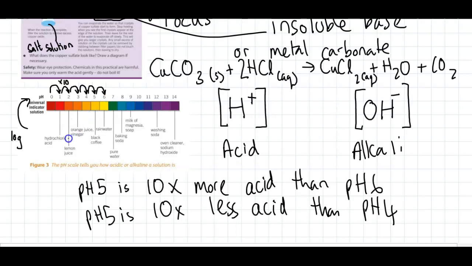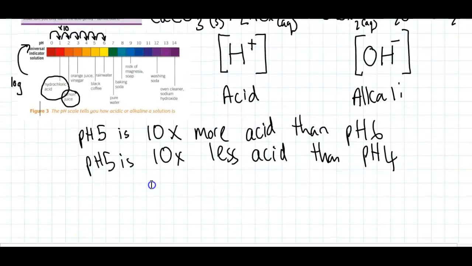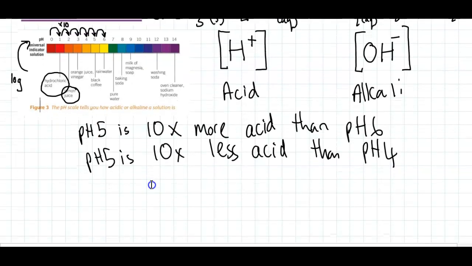Okay, that's an important thing because it means, for example, you can drink lemon juice, it tastes sour, like all acids do. Lemon juice is 10 times less acid than hydrochloric acid, which you wouldn't want to drink. Okay? And we can neutralize acids. We've seen with metals and metal oxides and alkalis and carbonates.